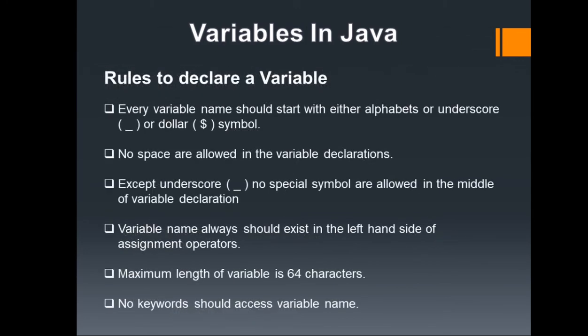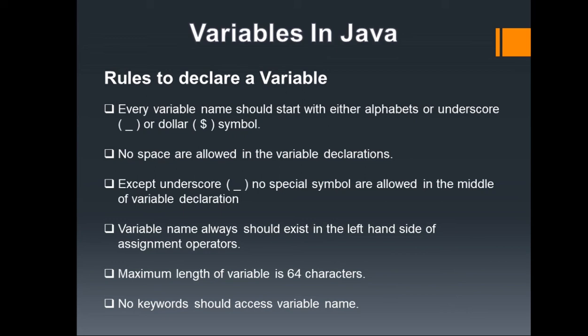Rules to declare a variable. These are very important rules you have to keep in mind. Every variable name should start with either an alphabet or underscore. No spaces are allowed in the variable declaration. Except underscore, hyphen.